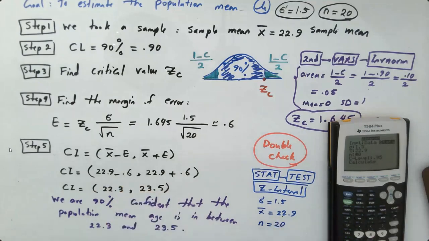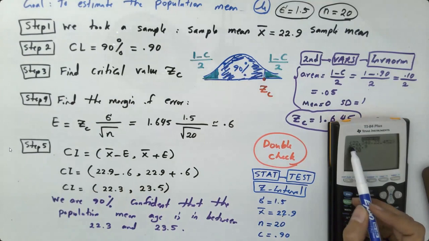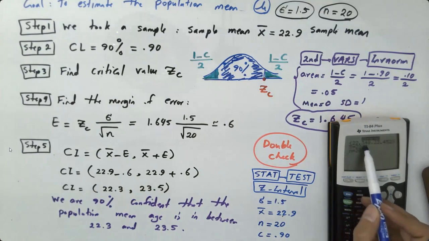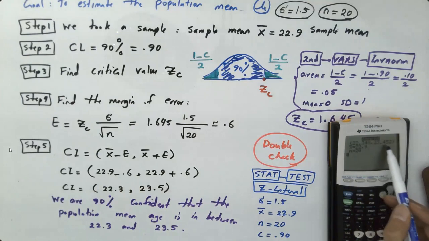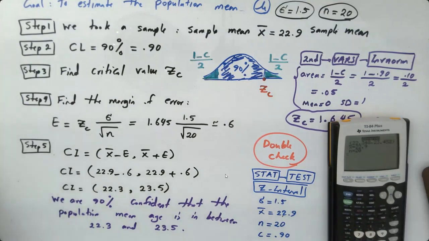The confidence level C is 90%, so 0.90. The calculation says my lower limit is 22.3 years, and my upper limit is 23.5 years. So my calculator also confirms that I got a correct answer.